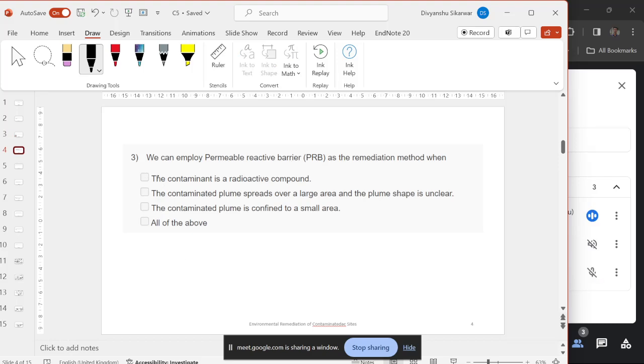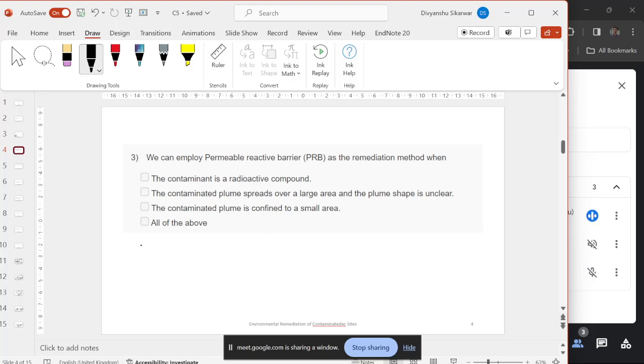Okay, this is the next question. We can employ a permeable reactive barrier as a remediation method when the following option holds: the contaminant is a radioactive compound; the contaminant plume spreads over a large area and plume shape is unclear.